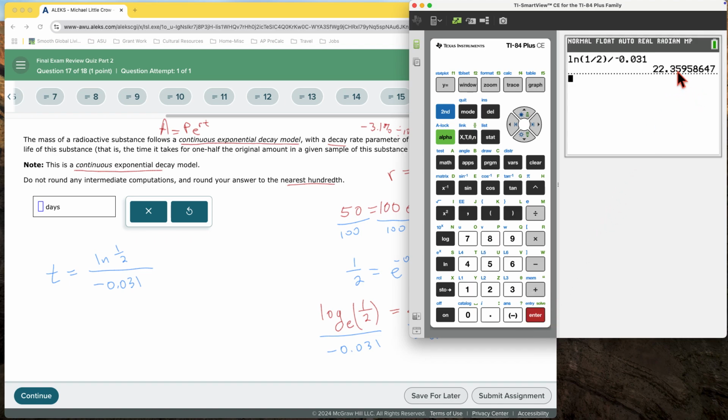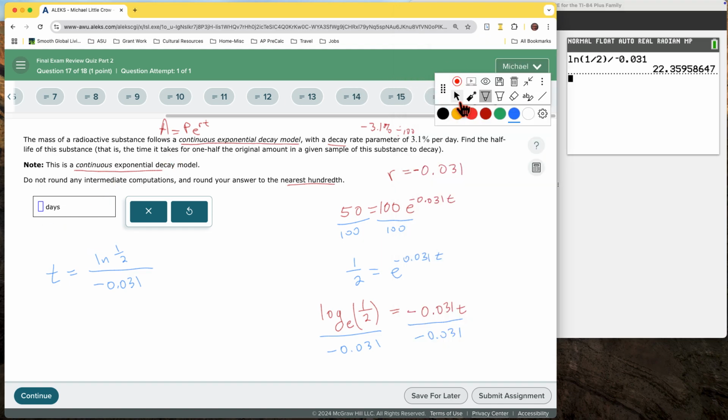To the nearest hundredth, actually it's 36, the 5 gets rounded up. So 22.36 days. And that is it.